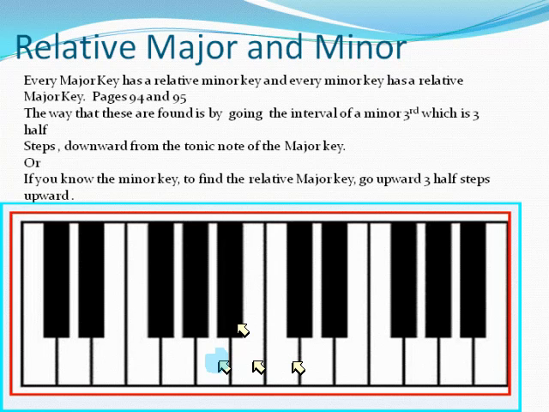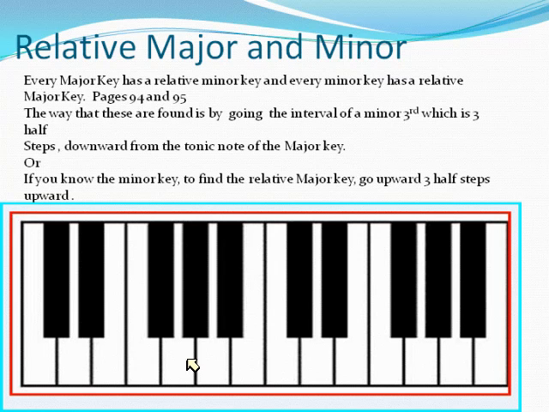Now that may sound confusing, but if you just do it a couple of times, it really isn't so bad. I'm going to do a couple of these. I'm going from major to find the relative minor. You go down 3 half steps. The examples in the exercise tell you what you're going to start on. Let's start on G, which would be G major.